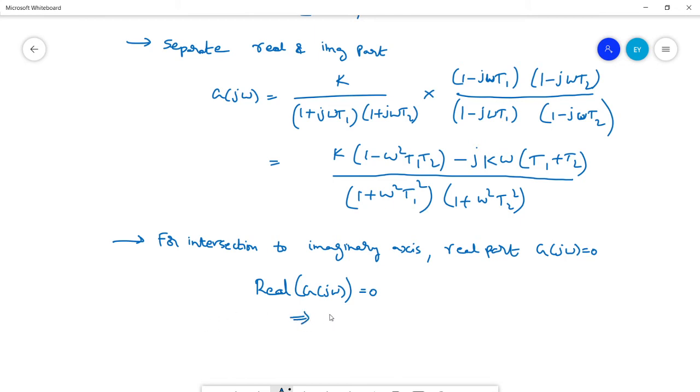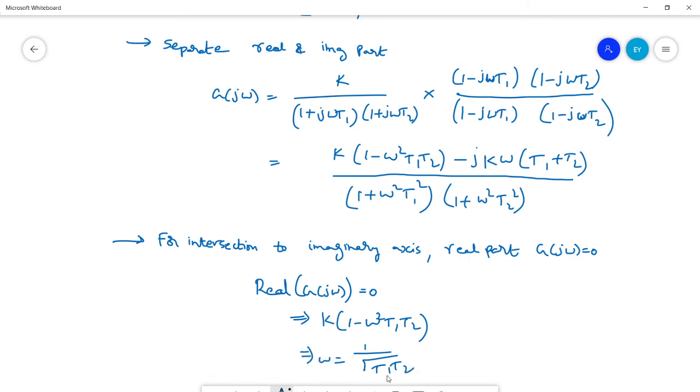That implies k into 1 minus omega square t1 t2, right? From this, if you equate it to 0, k will be 0, then omega will be 1 by root of t1 t2, right?